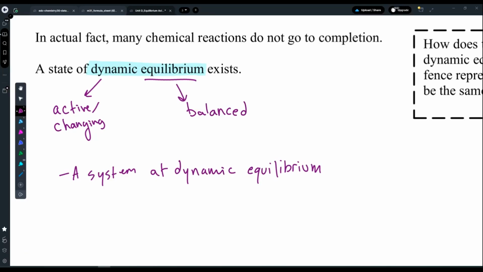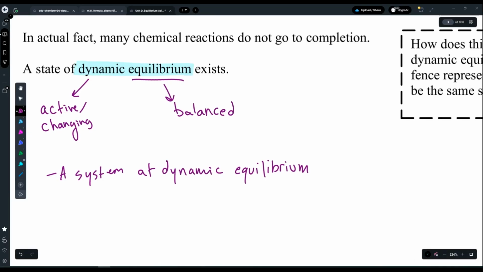But that's because you can't see what's happening at a microscopic level. You can't see that the products are forming or the reactants are reforming. You can't see that forward and reverse reaction happening. So a system at dynamic equilibrium is going to look like nothing's happening.